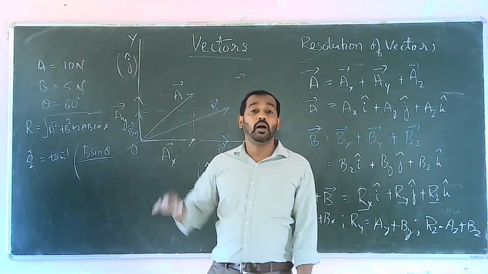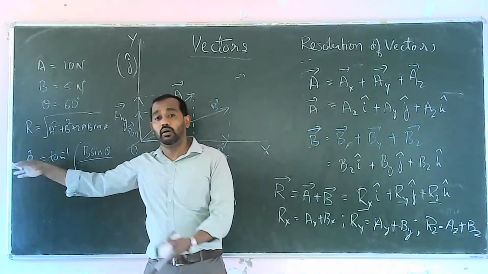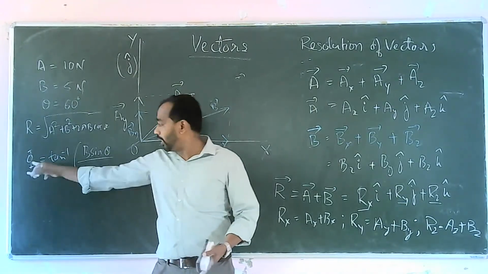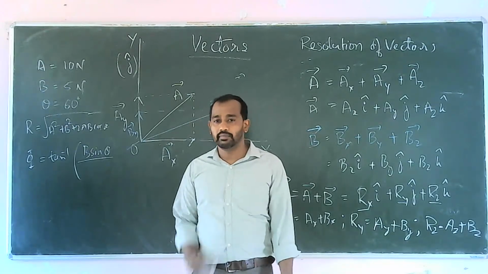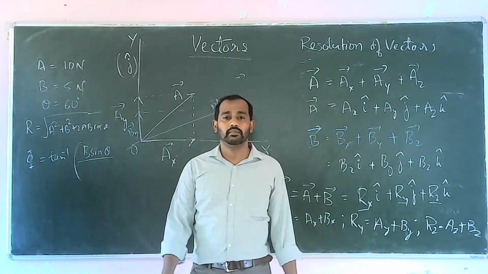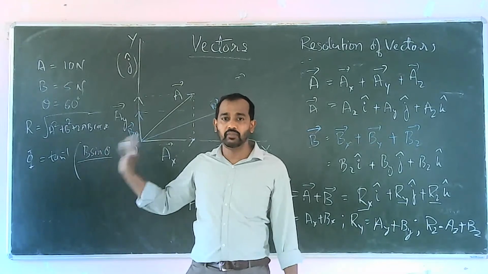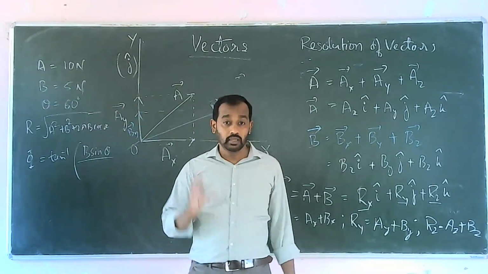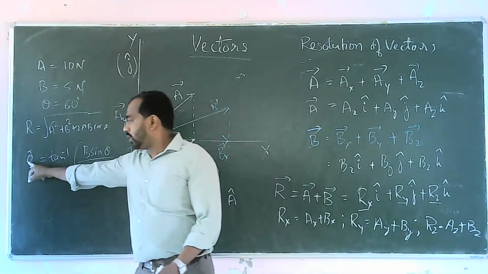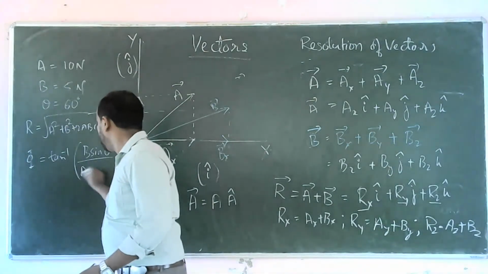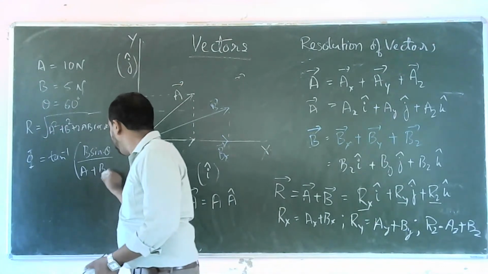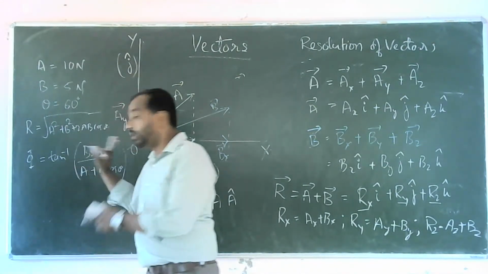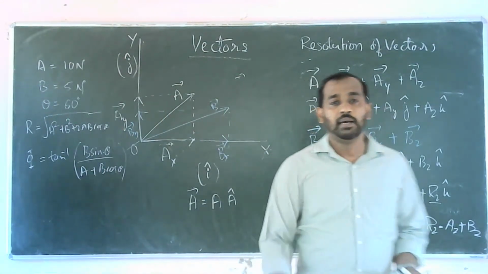You might think earlier I had written it as alpha, now phi is with respect to A. We can form the formula, but we should know the meaning of the terms involved in that formula. That's important. So this is the formula we have to use.